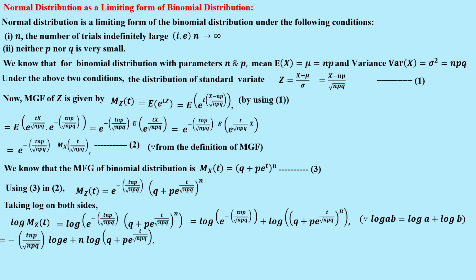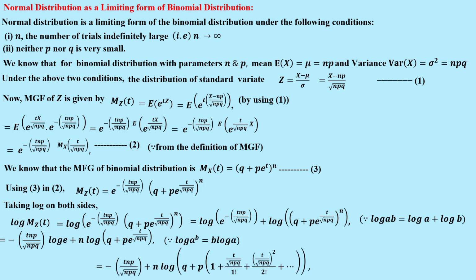Log a power b is equal to b log a, right? We are using that formula: minus t np by root npq log e plus, similarly for the second term, n log of q plus p e power t by root npq, right? So that is equal to minus t np by root npq, log e value is 1, so plus n log of q plus p into, we are doing the expansion of e power x.